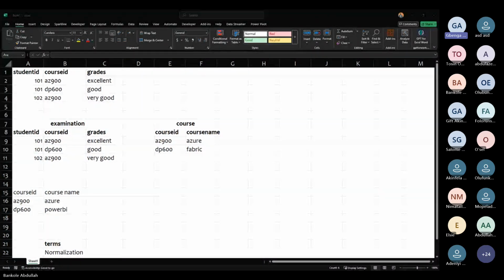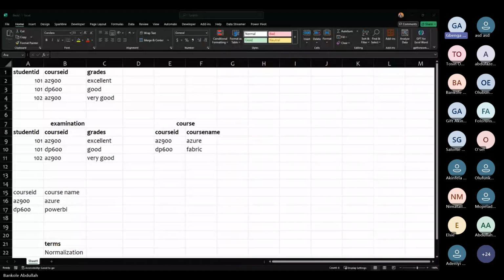Your knowledge of normalization makes you create clearer relationships between tables. You understand how different entities are related to each other. It's the best way of preparing your tables for a star schema. Do we understand now?